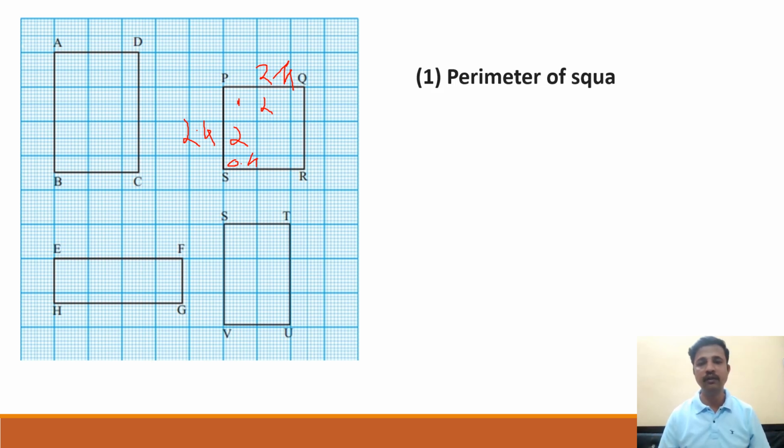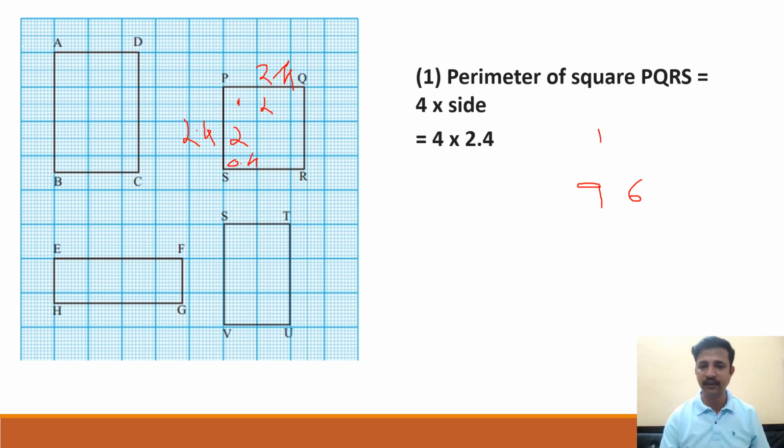Perimeter of square PQRS equals 4 multiply side. So side is 2.4. 4 fours are 16, correct. 4 fours are 16, carry 1. 4 twos are 8 plus 1 is 9. 9.6 is the correct answer. Okay, so our perimeter is 9.6 centimeter.